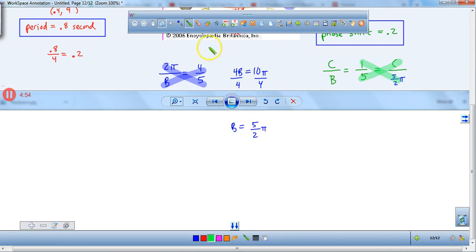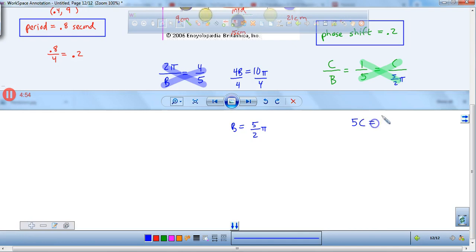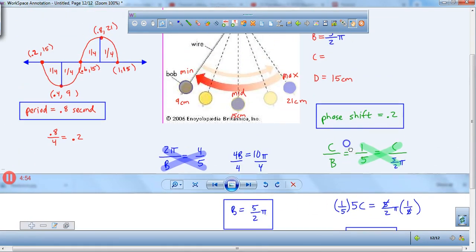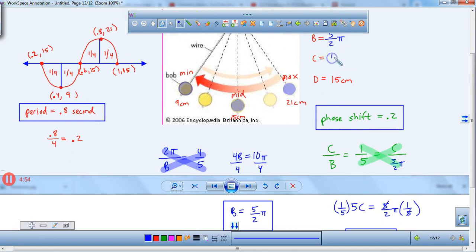So when I cross multiply, I get 5C equals 5/2 pi. And then I'm going to multiply both sides by 1/5. Now you could divide both sides by 5, but multiplying both sides by 1/5 is the exact same thing. And C equals, these 5s are going to cancel out, and we're going to be left with pi/2. All right, so my C value, just found my B value, it's 5/2 pi, and my C value is just pi/2. I'm just going to put right here pi/2.